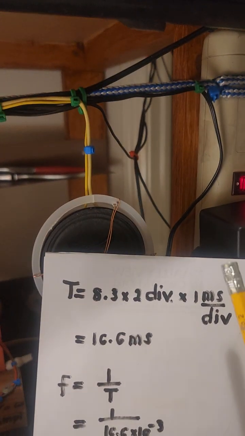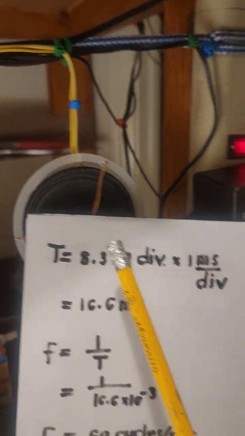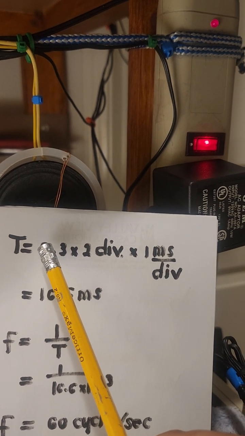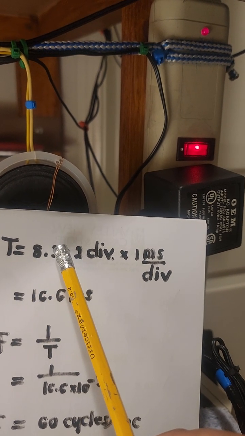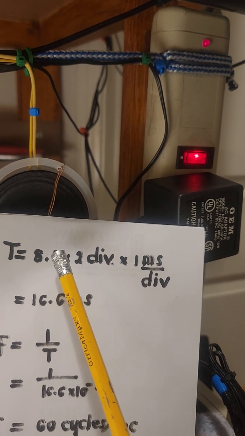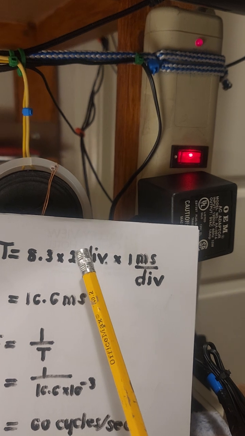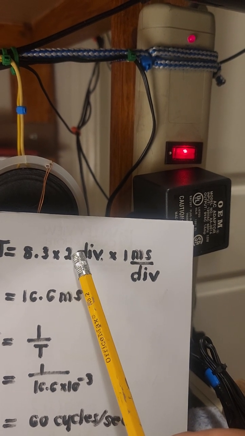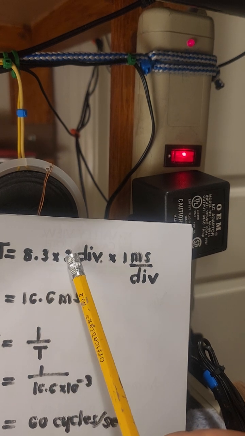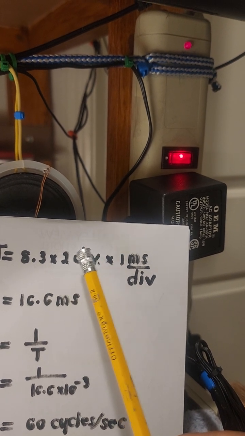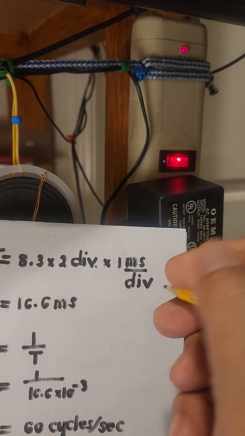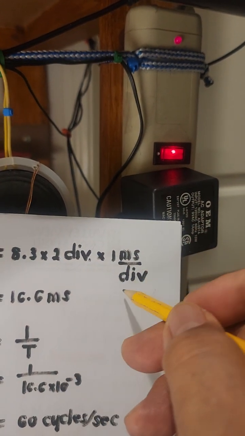So we'll go back to the computation. The number of divisions that I counted is 8.3, from the start to finish, that's a half cycle. But since one cycle is 2 times that, we will multiply that by 2. So the total number of divisions for the whole cycle will be 8.3 times 2. And we will multiply that by 1 millisecond per division. So this division here cancels with this.